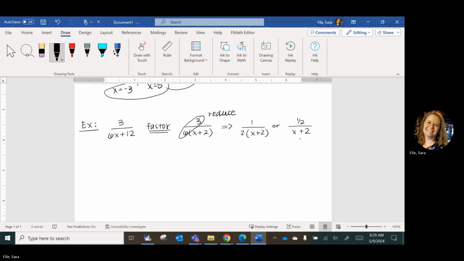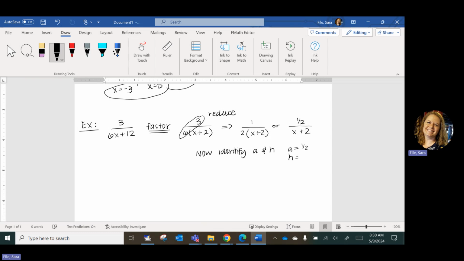Now I can accurately identify a and h, right? What is the a value here? The 1/2.